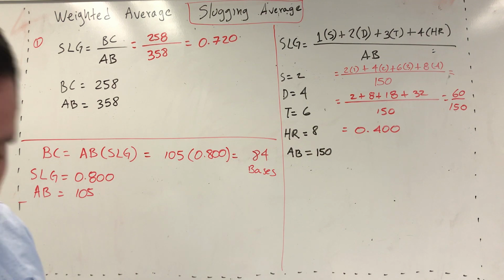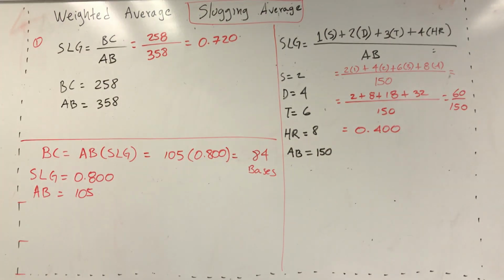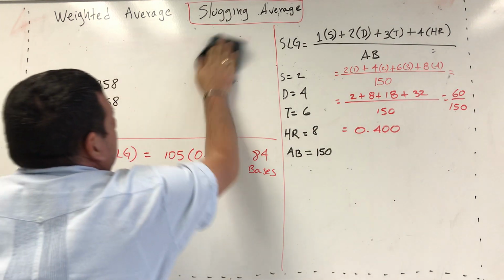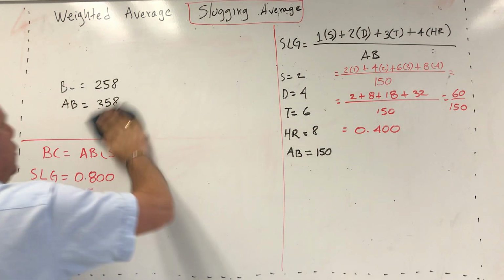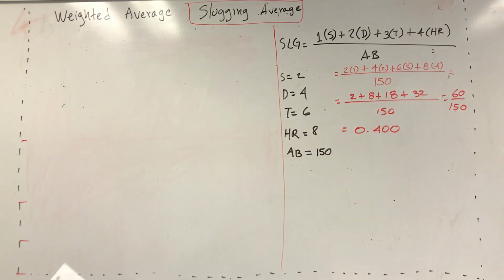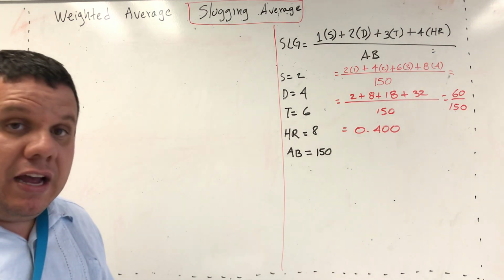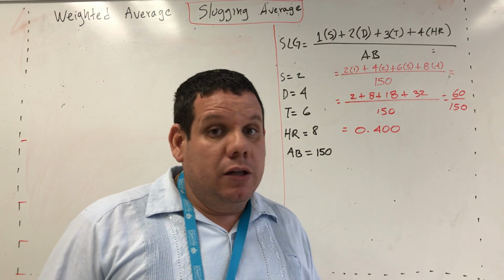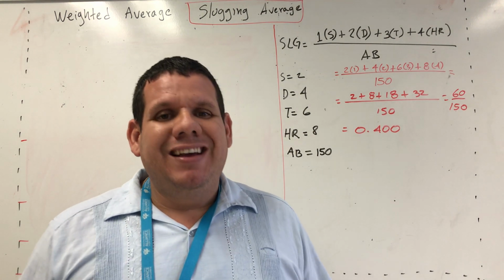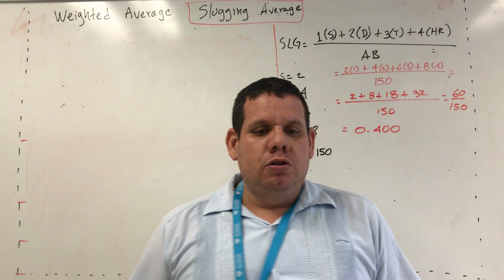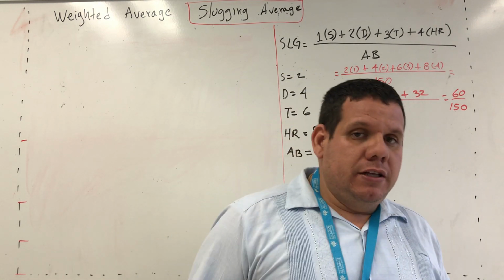Okay, let's continue with the other examples. I will start erasing this part of the board. Now we have a player, and we have the statistics of this player, but the thing that we don't know is how many times this player went to bat, or to the bat position, or to hit the ball.